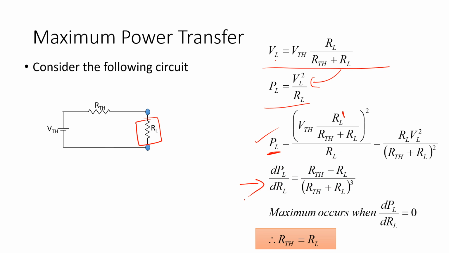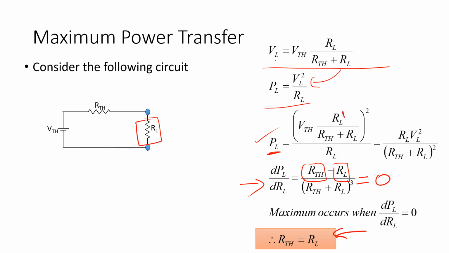You could do that at home using your quotient rule or your product rule. And once I have that, I could see that if I set this equal to 0, that occurs when RTH is equal to RL. So the maximum power transfer occurs when R Thevenin is equal to R load.